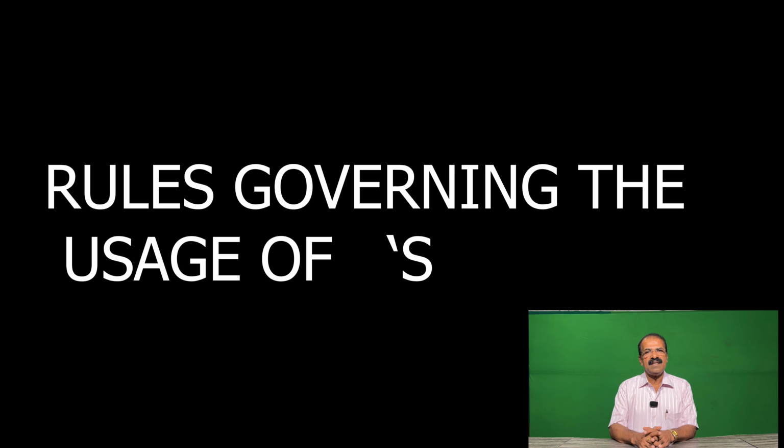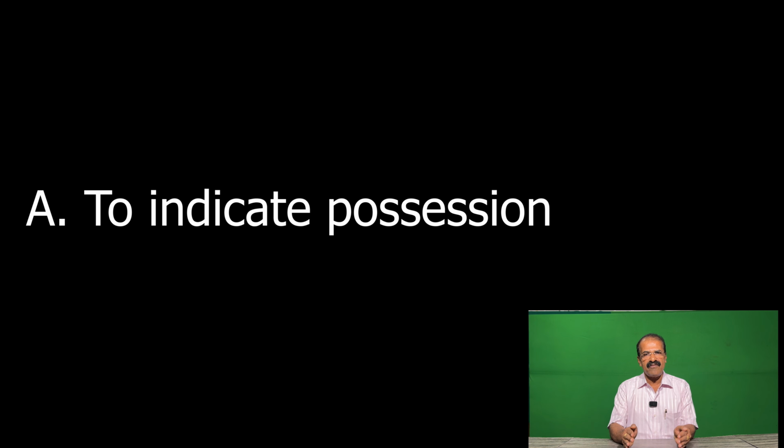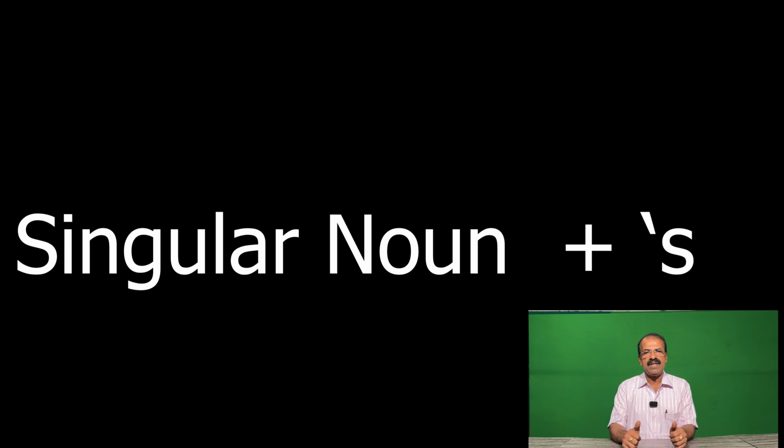Dear students, there are certain rules which govern the usage of apostrophe S. The most important usage of apostrophe S is to indicate someone's possession. If you have a singular noun, a singular proper noun, to indicate the possession, you can make use of apostrophe S. For example, there is a car.